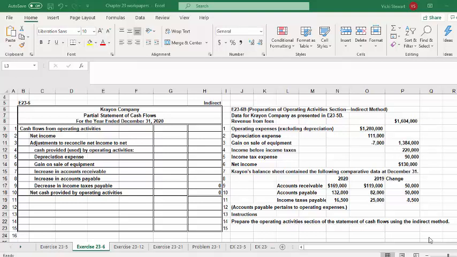This is a demonstration of Exercise 23-6B, Preparation of Operating Activities section, Indirect Method, and we have the data for Crayon Company that was presented in Exercise 23-5B, including the income statement information and the comparative balance sheet information for the end of 2020 and 2019 for accounts receivable, accounts payable, and income taxes payable.